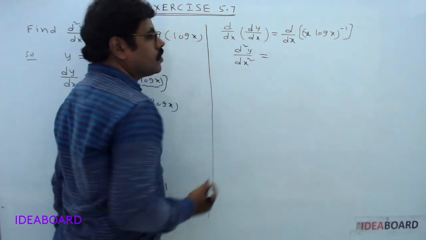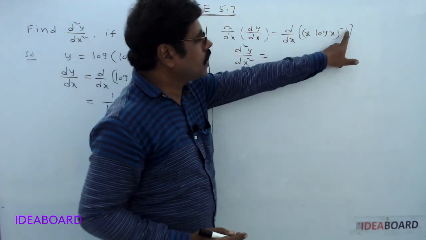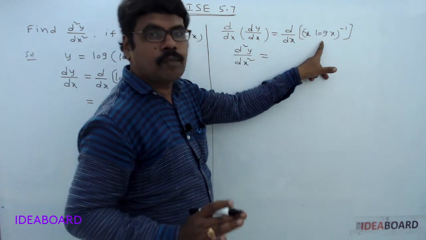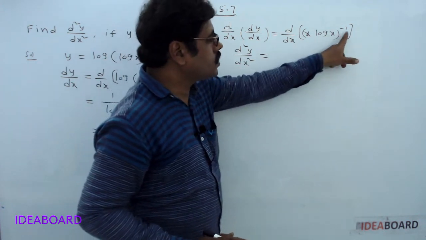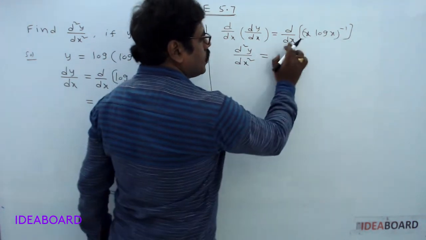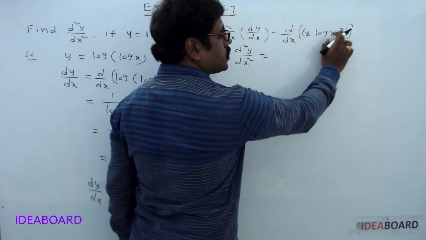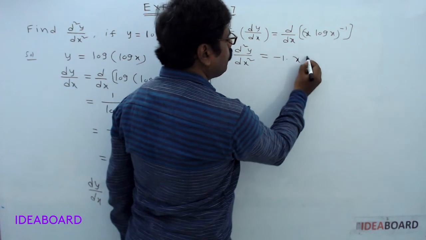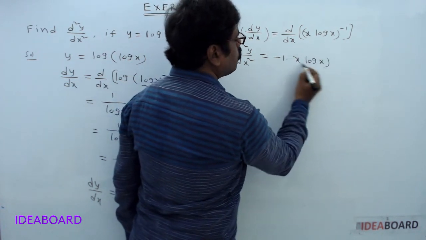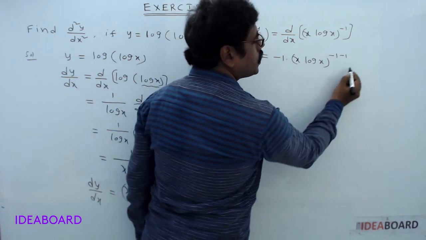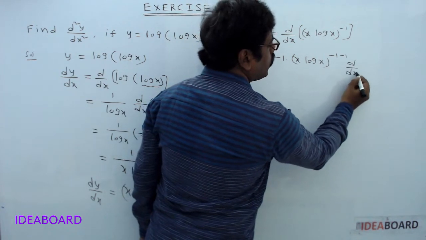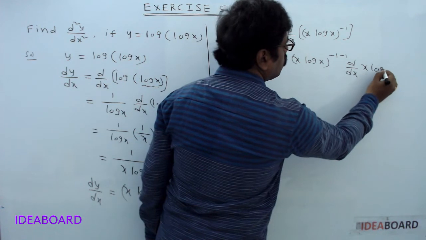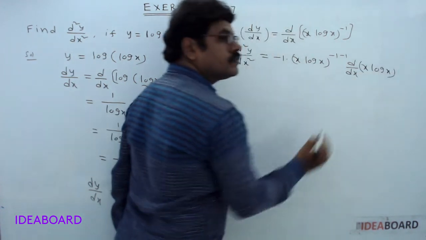Now here the power is a constant term and the base is a function of x, so you can apply the d by dx of x power n formula. So the derivative of (x log x) whole power minus 1 is minus 1 into (x log x) whole power minus 2 into the derivative of this base function, that is x into log x.